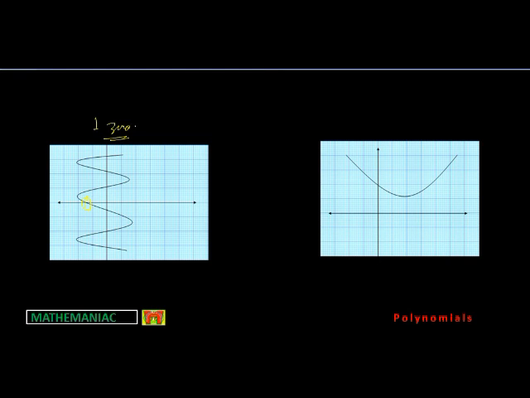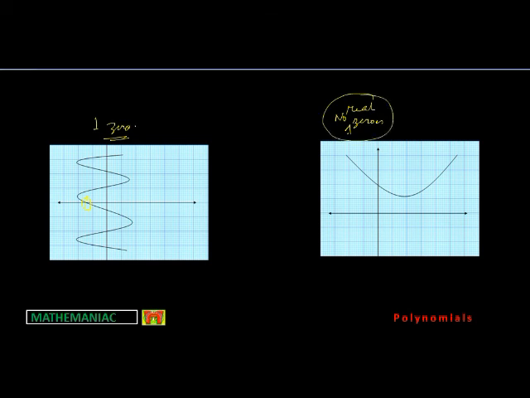Then next, this is what? How many zeros? It is no zeros. Actually, no zeros is not a very clear concept. We should write no real zeros, because it is not intersecting the x-axis anywhere. So we do not get any zero here.